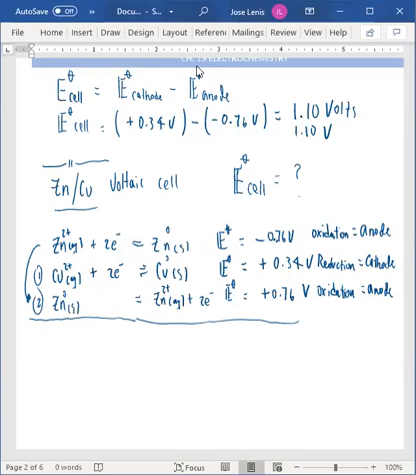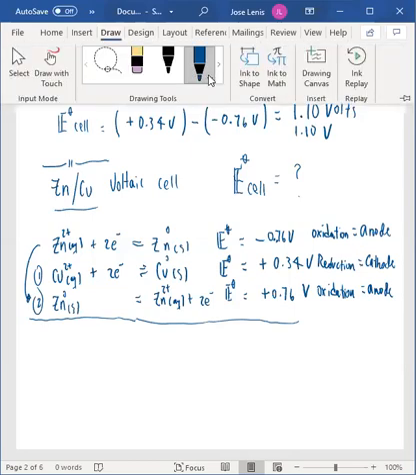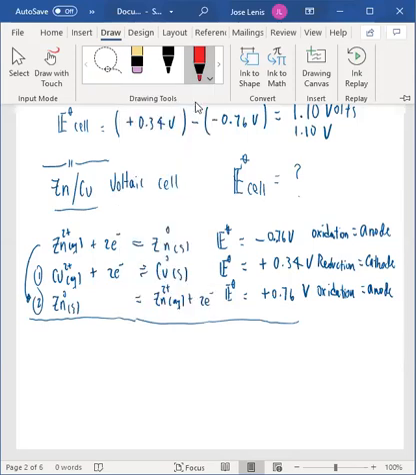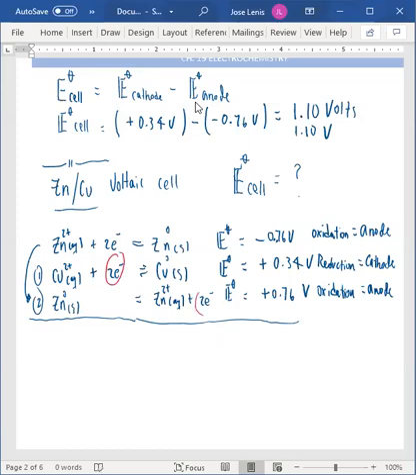Notice that in this case, we have the number of electrons gained the same as the number of electrons lost. And that's what we want. We want a balance of electrons gained and lost. This one is losing 2 electrons and this one is gaining 2 electrons.